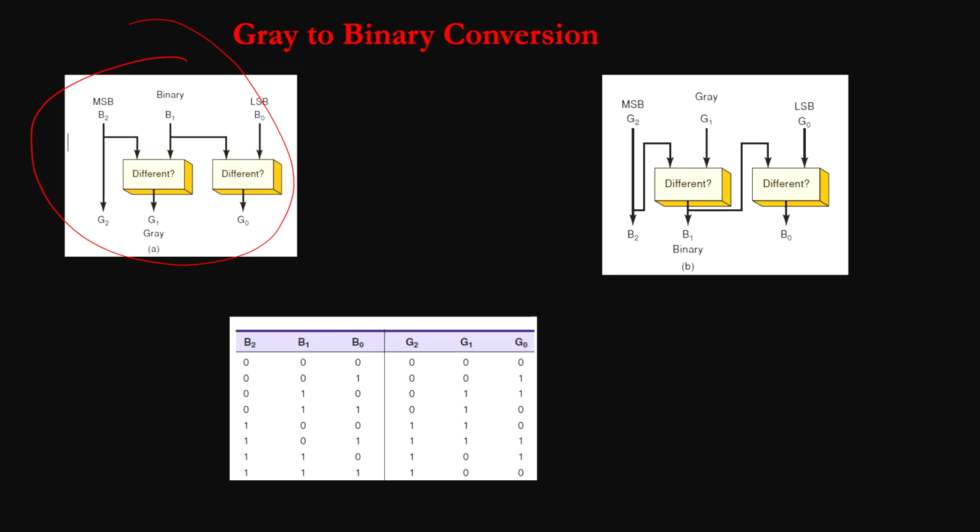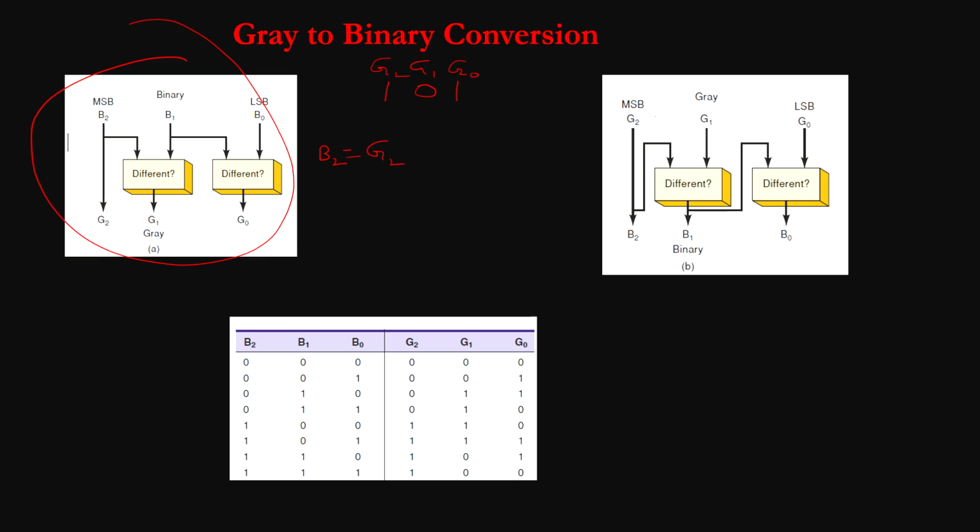You want to convert this 1, 0, 1, 101, into binary. So this is Z0, this is Z1, this is Z2. Now B2 is equal to Z2. You can see here B2 is equal to Z2.